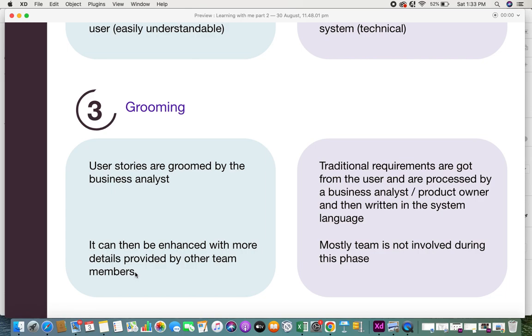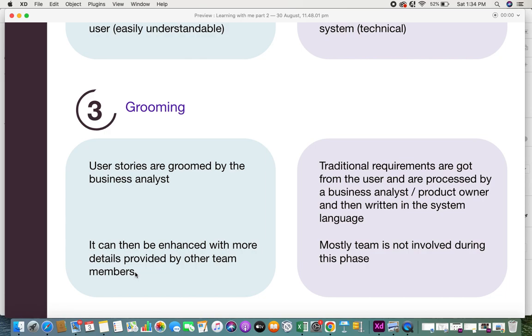When you see the second C, conversation, it means that you get this user story from the user, and the entire team can sit and discuss that requirement. Because in Agile, one of the principles is collaboration and communication. So all the team members from different roles sit together and discuss this user story.